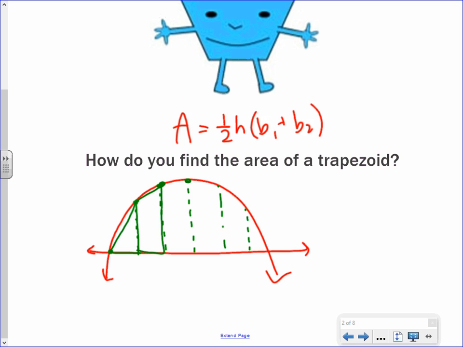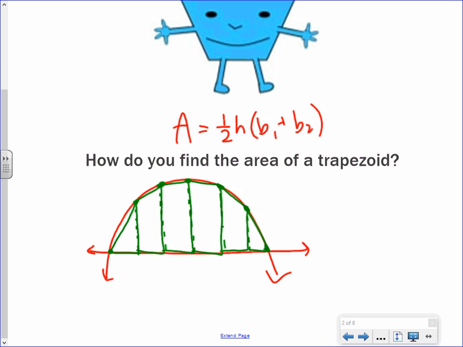Do you see how those fit just a little bit better under the curve? There's a little bit less space that we are using up here.